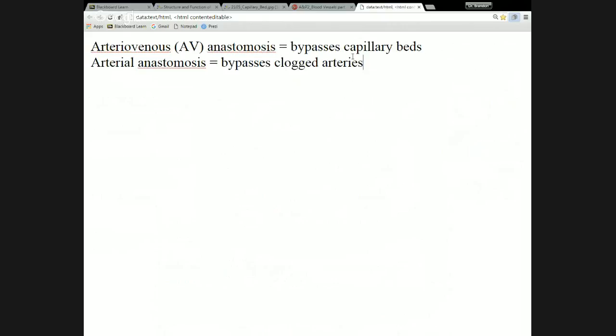You've probably heard of bypass surgery when somebody has a risk of a heart attack. Bypass surgery can be a way to fix that. And what that means is somebody's at risk for a heart attack because one of their coronary arteries is clogged or occluded.